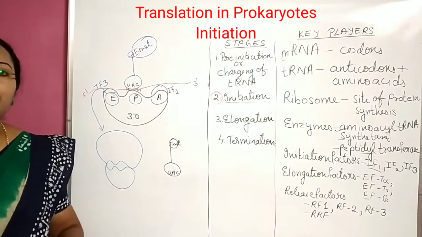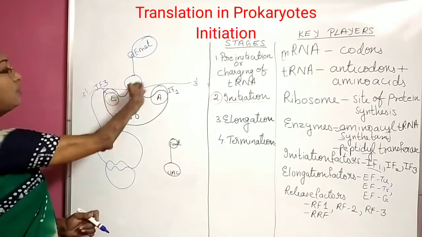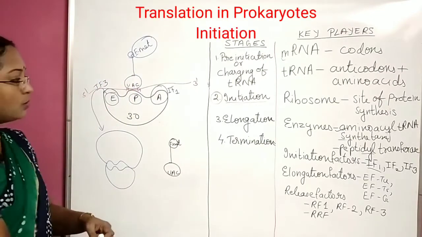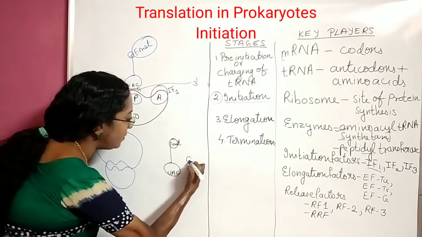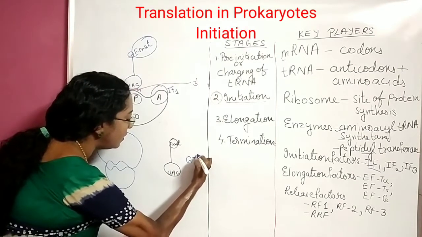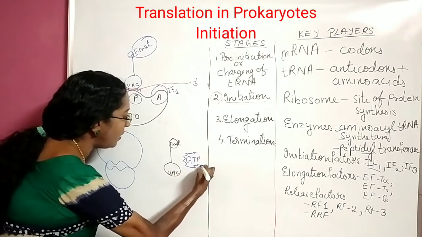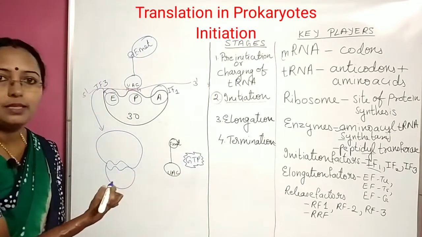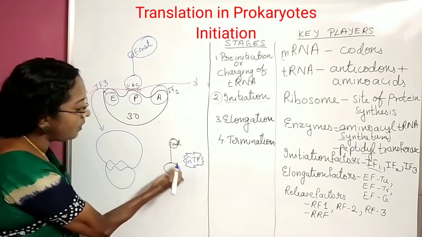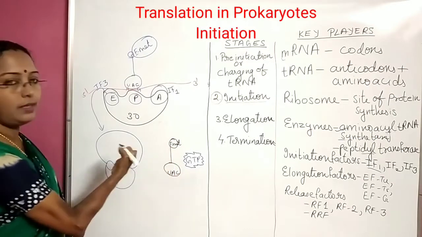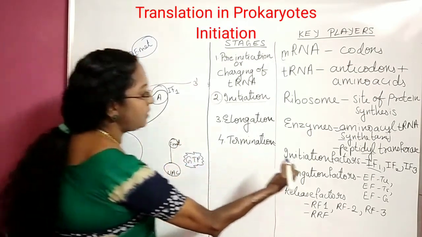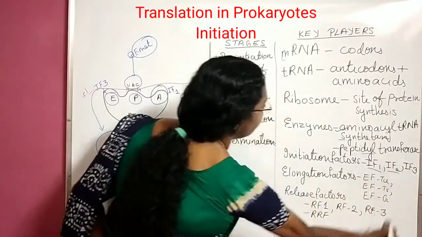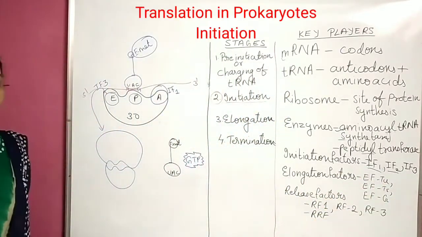Who is giving that energy? It is the GTP. But GTP on its own cannot combine with this tRNA and give it energy. For that, another initiation factor is required, that is IF2.